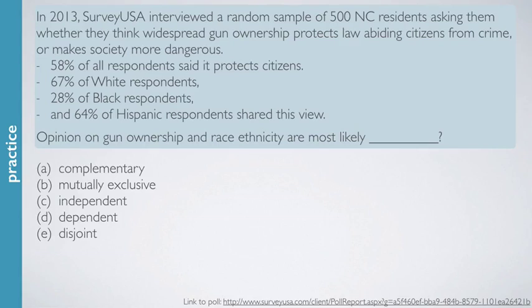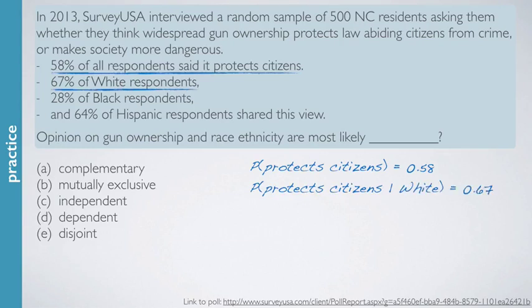Let's take a look at what we're given. We're given that the probability that a randomly chosen resident believes that guns protect citizens is 0.58. We also know that if the resident is white, then this probability is 0.67. Once again, we use this vertical line notation to say the probability that somebody believes that guns protect citizens given that they're white, and that probability is 0.67. If they're black, the probability is 0.28.